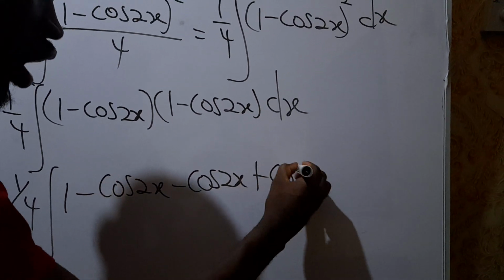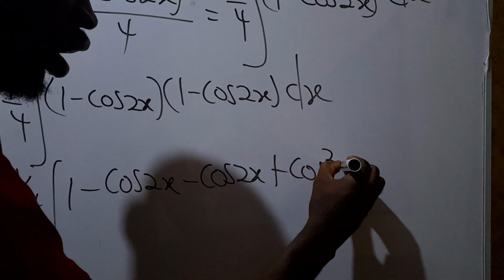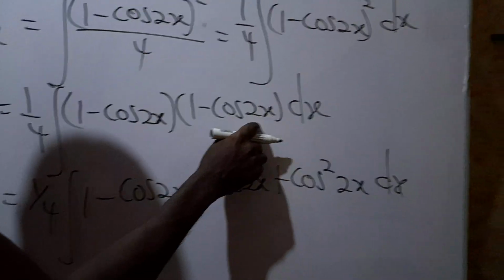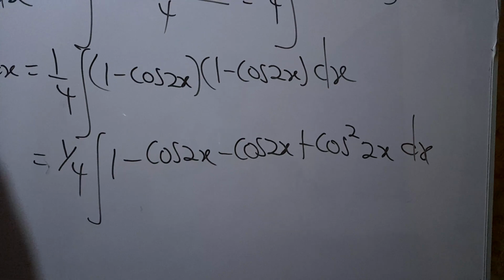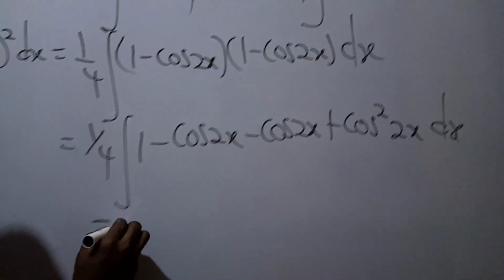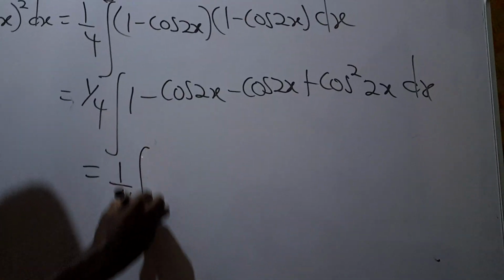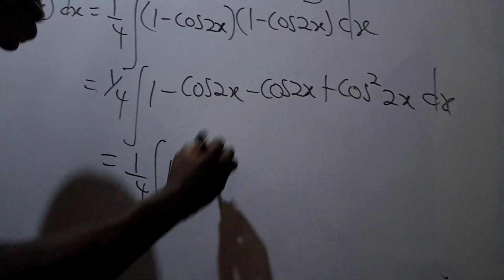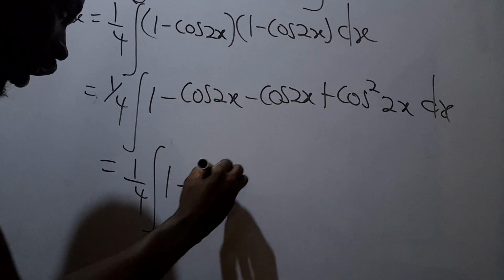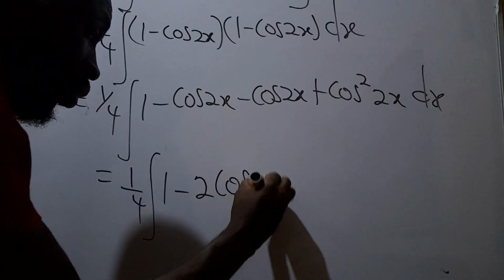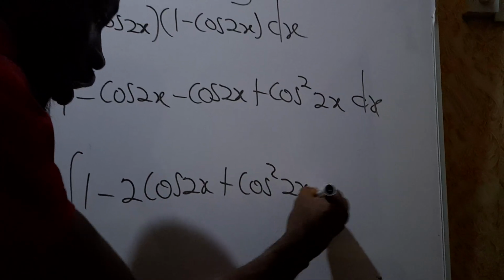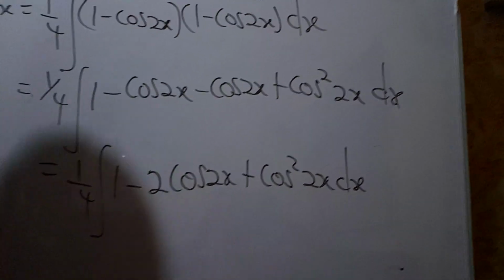Then plus our cos square 2x dx. Cos 2x times cos 2x will give us cos square 2x. Now when we simplify this, we get 1/4 the integral of 1 minus 2 cos 2x, then plus cos square 2x dx.